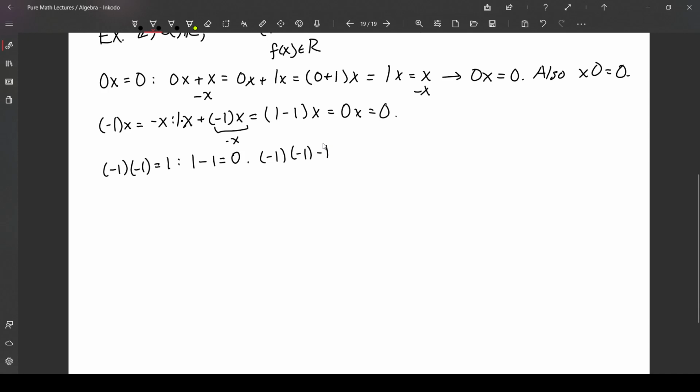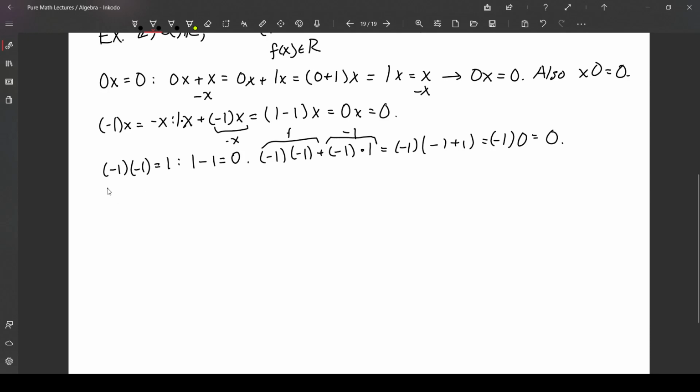We can look at this instead as -1 times -1 plus -1 times 1. Then we can distribute a -1, and we get -1 times (-1 plus 1), and that's -1 times 0, which is 0. And so that shows that whatever -1 times -1 is, it's the additive inverse of -1. The additive inverse of -1 is 1, so this must be 1.